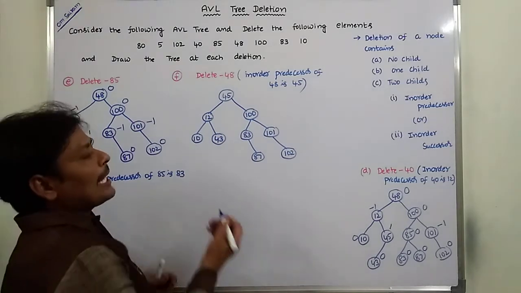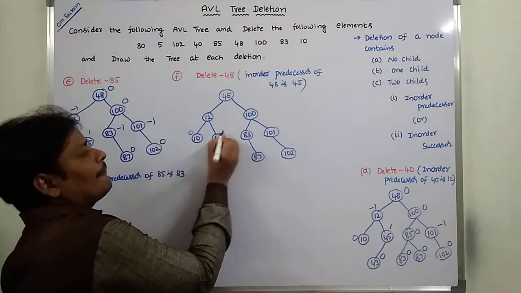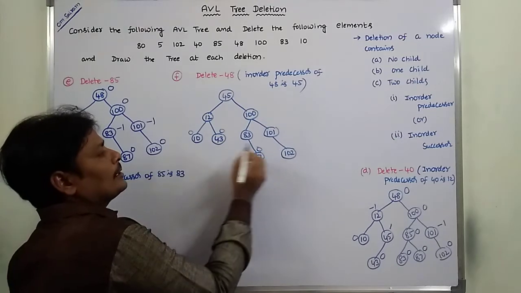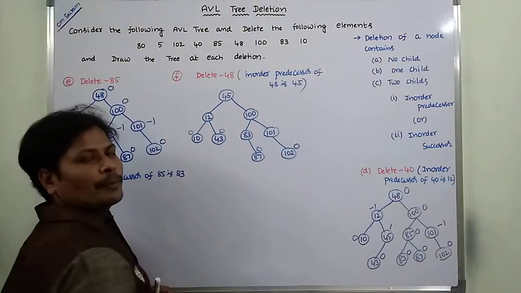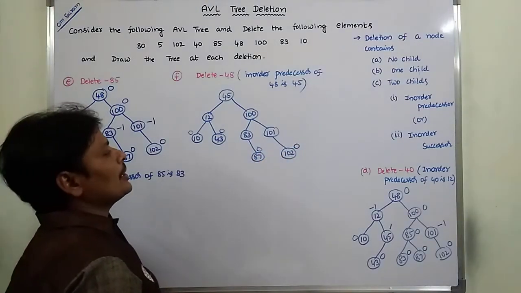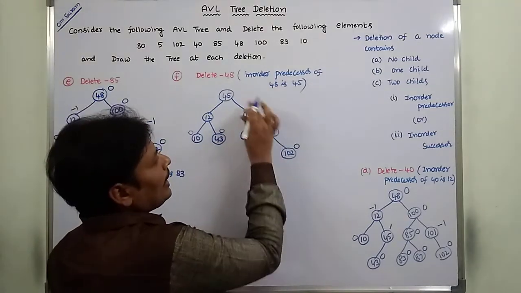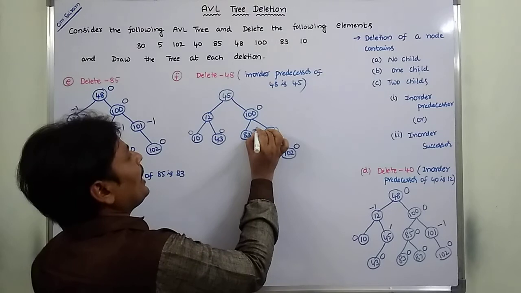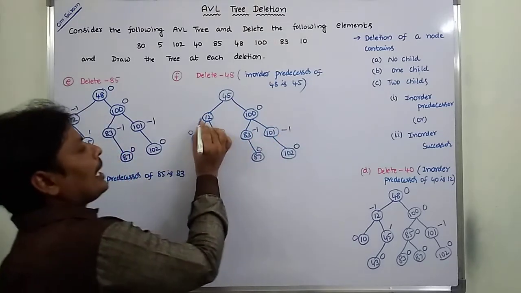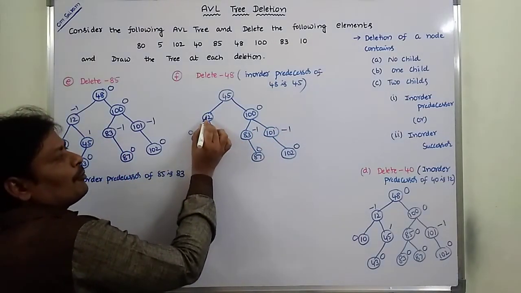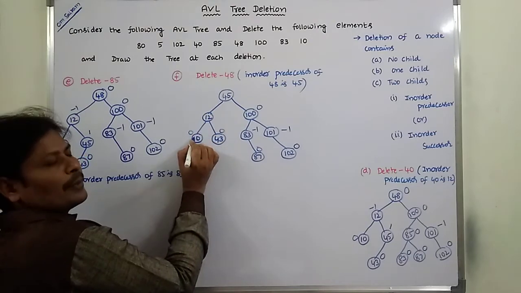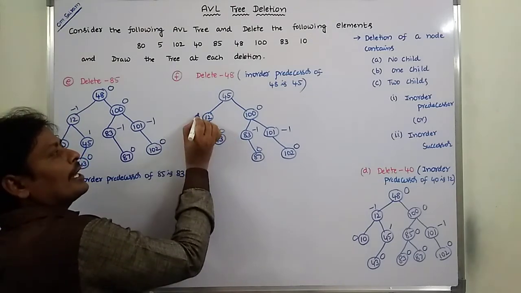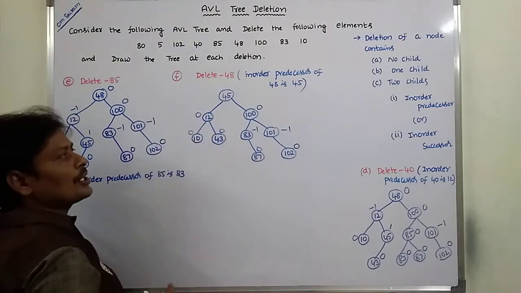Okay, now the balance factor. So these are the leaf nodes. Left subtree height is 0, right subtree height is 0, 0 minus 0 is 0. So here there is no change in the right subtree balance factors: 0, -1, -1. For node 12, left subtree height is 1, right subtree height is 1, that is 1 minus 1, 0.